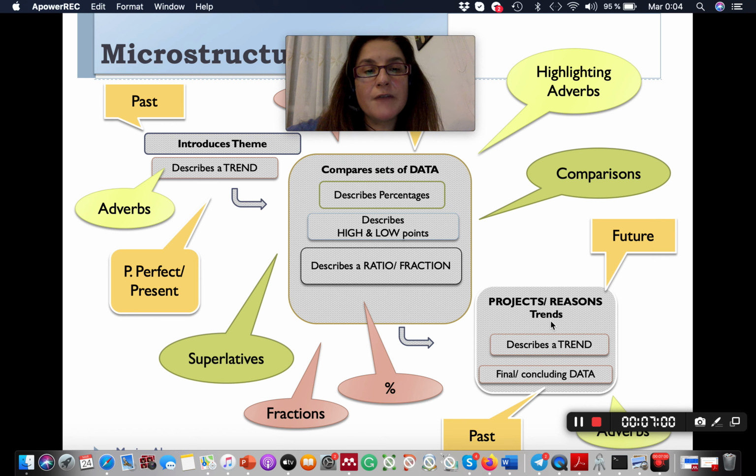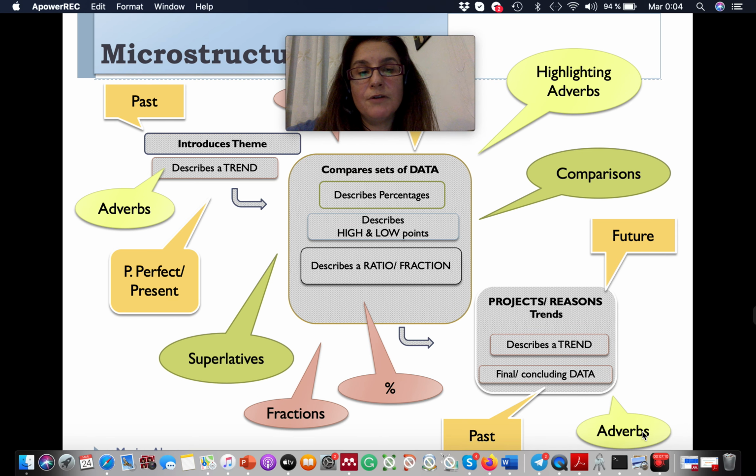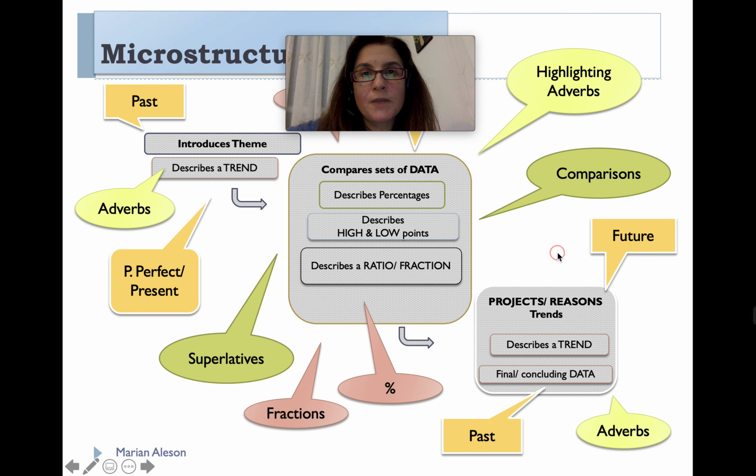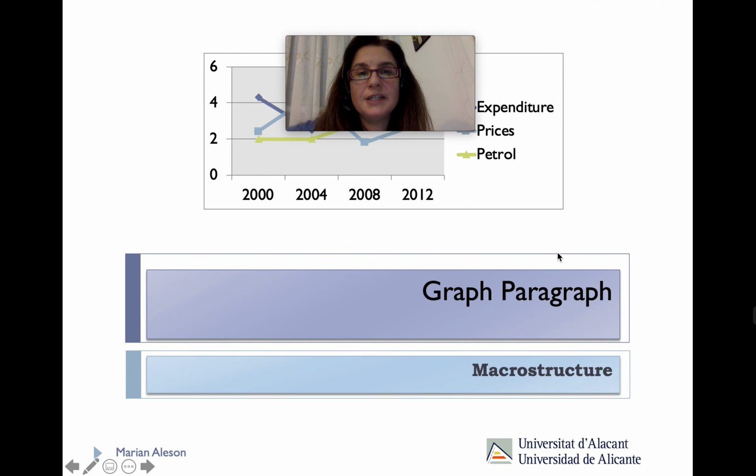If we describe a trend, and then in this description of the trend we talk about the future, obviously the tense could change. And everything is going to be spiced up using adverbs or adjectives that are going to help us to highlight, to boost certain ideas, or to add hedging to certain of our concepts. So this is more or less it.